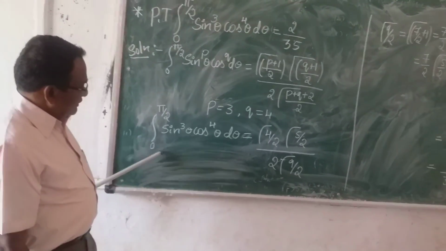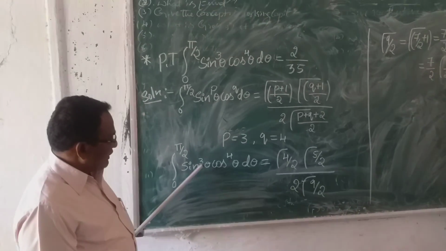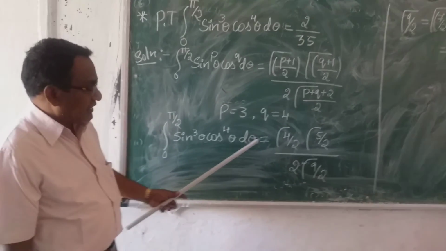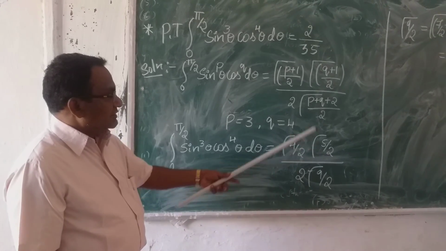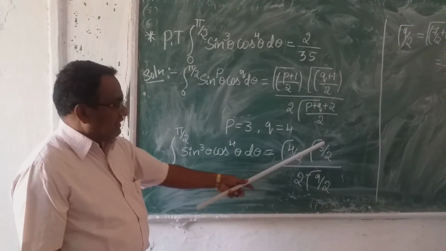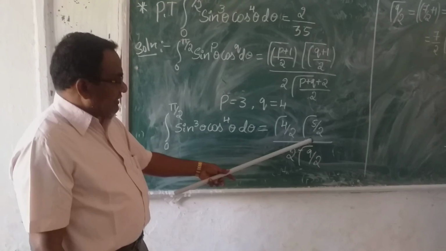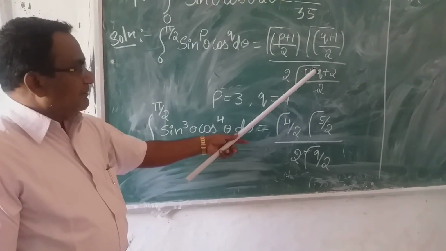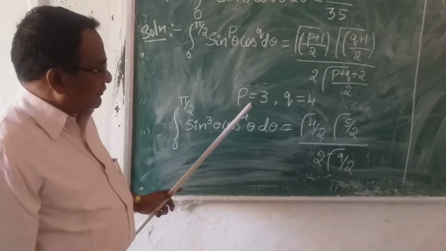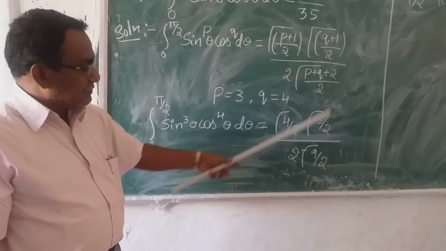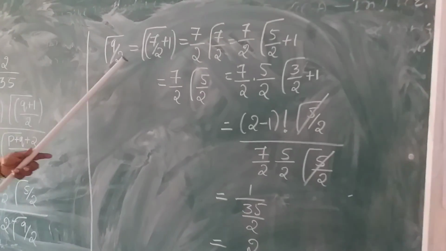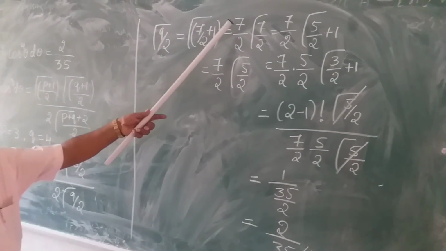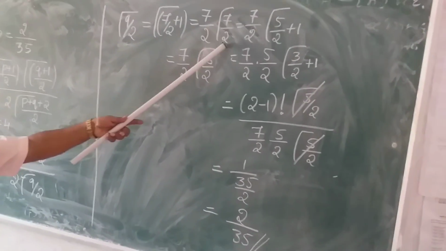Using this, integral from 0 to pi by 2 of sin cube theta into cos to the power 4 theta d theta is equal to gamma of (p plus 1) by 2, which means gamma 4 by 2, into gamma of (q plus 1) by 2, which means 4 plus 1, 5 by 2, whole divided by 2 times gamma of (p plus q plus 2) by 2, that is 3 plus 4, 7 plus 2, 9 by 2. Of course, we can write gamma 9 by 2 as gamma 7 by 2 plus 1, which may be written as 7 by 2 into gamma 7 by 2.